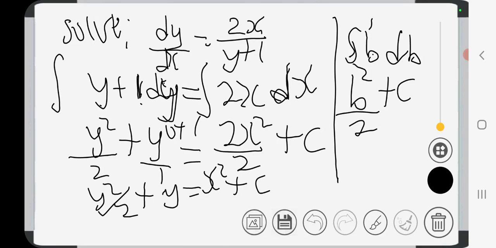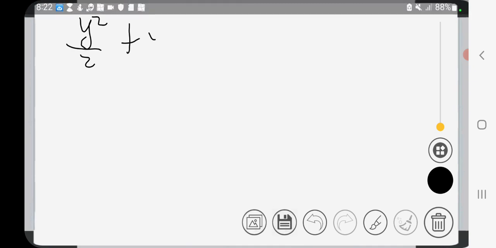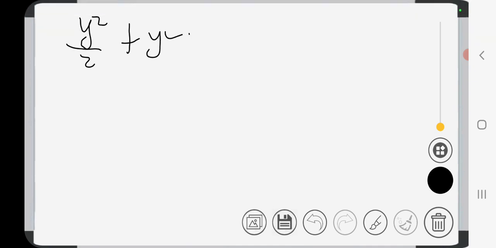The next thing is for us to tidy up our work. By taking every term to the left hand side of the equation, we have y raised to power 2 divided by 2 plus y minus x squared minus c is equal to 0. So this is the general solution.